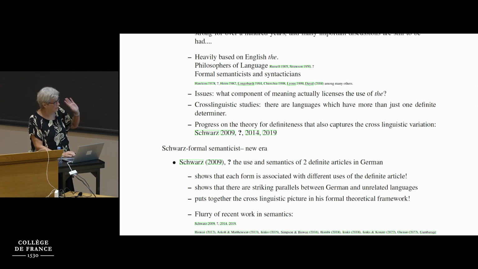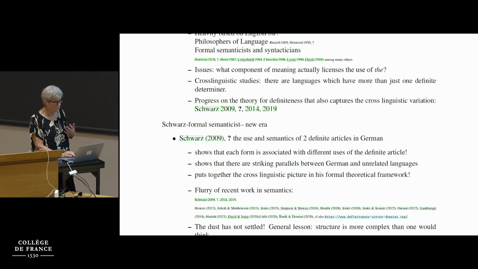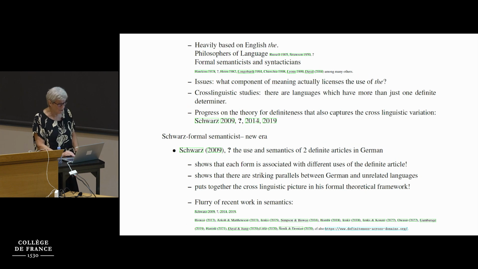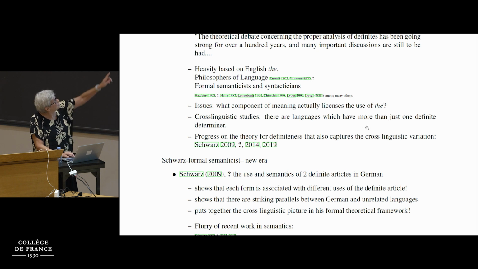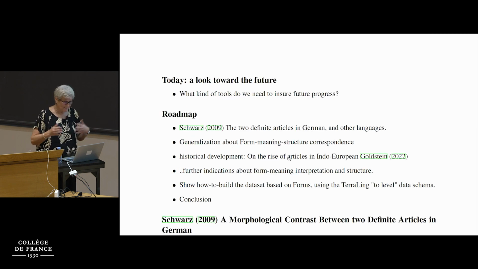So there's the issue of what component actually licenses the use of the. I'm not going to talk much about this, but a little bit. There are cross-linguistic studies of languages which have more than just one definite article, definite determiner. So we know that, but there was no general theory of how to put these things together.